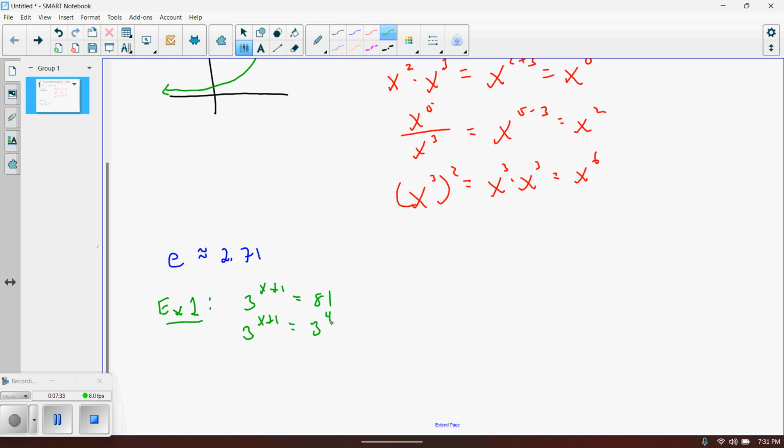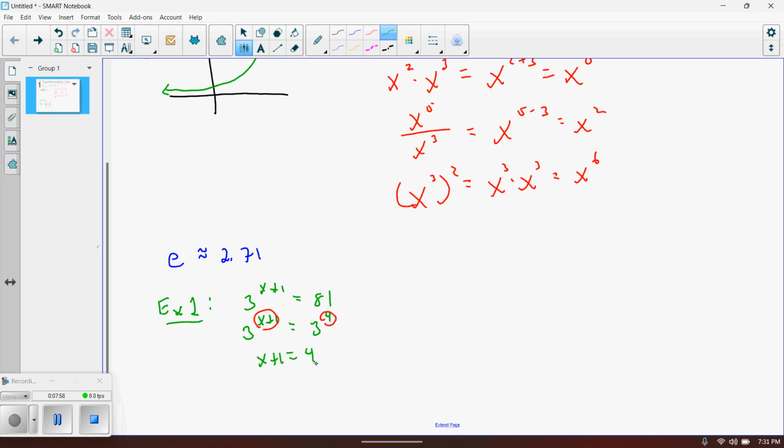If I'm taking 3 and raising it to a power, and that has to equal 3 raised to a power, then the two powers must be the same. We are not canceling anything out, so please don't think that's what is happening. We are just setting the powers equal to each other to solve this.